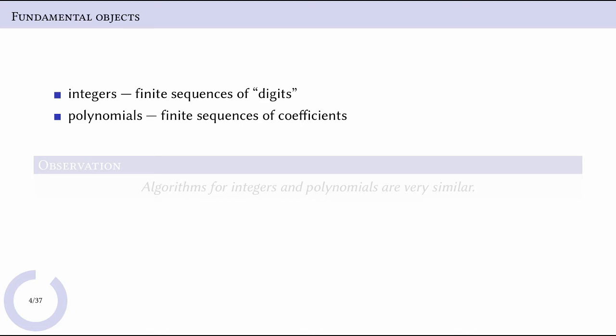For computers the binary system is more natural, so the digits are 0 and 1. For computer algebra systems, not at the hardware level but at a higher level, probably the most natural are powers of 2, so a digit can be a byte, any number between 0 and 255. Anyway, an integer of arbitrary size is just a finite sequence of such digits.